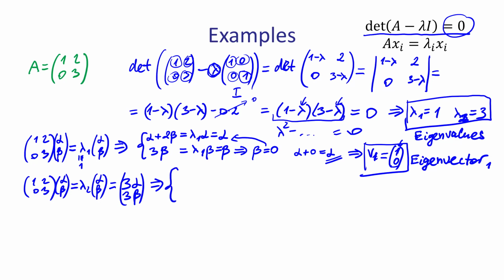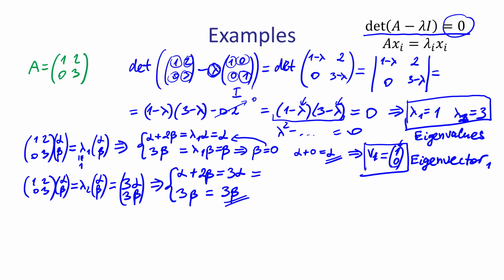So from here you have a system of equations. The system of equations is alpha plus twice beta equals 3 alpha, and the second one is 3 beta equals 3 beta. So the second one is trivial, so beta could be basically anything you want.